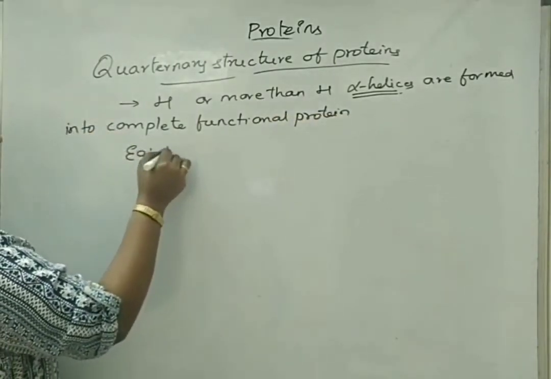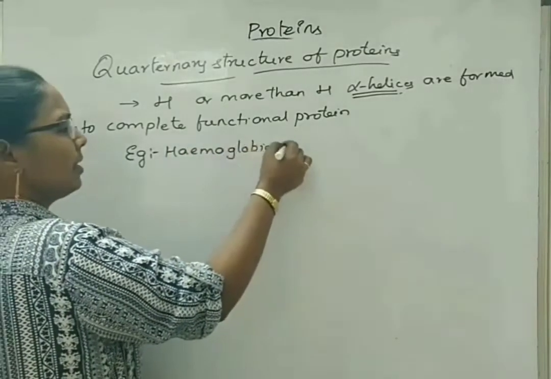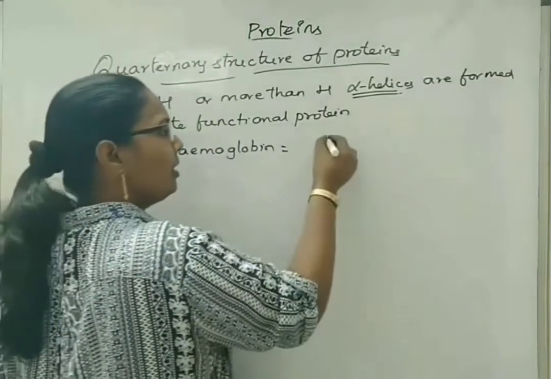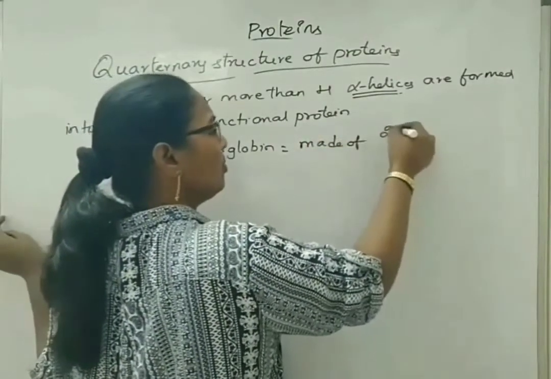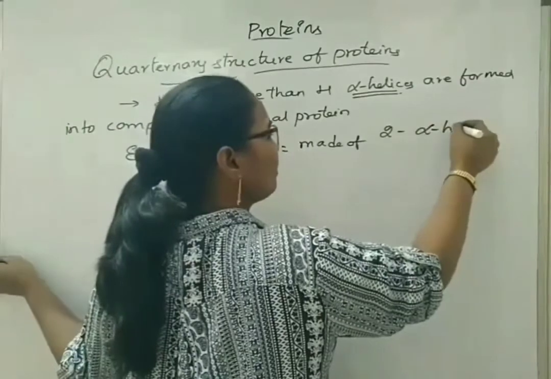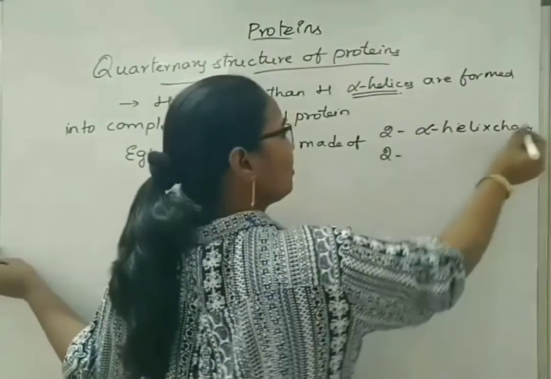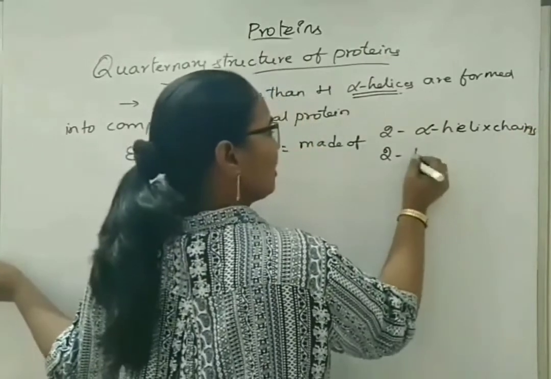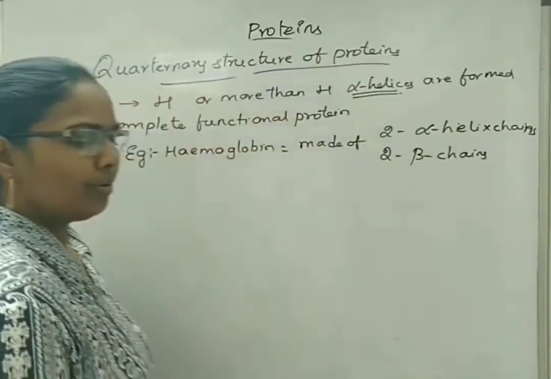Examples we can take are the hemoglobin molecule. In case of hemoglobin molecule, we see it is made of 2 alpha chains and 2 beta chains.